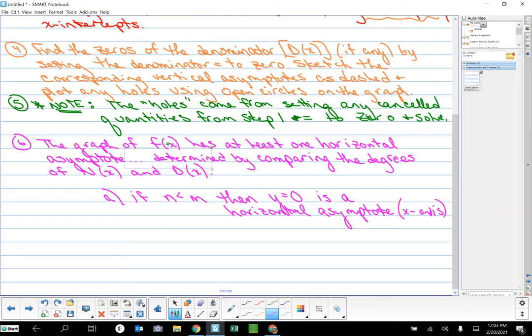Alrighty, so let me take a quick look in here. I don't remember which chapter this is in here. It's pretty early on in this book. Polynomial functions.